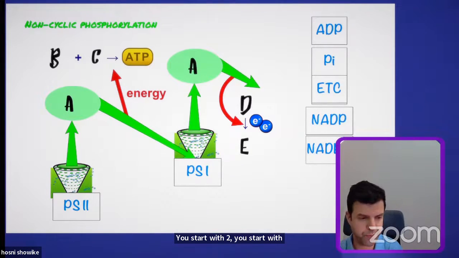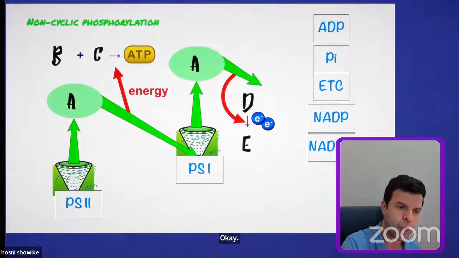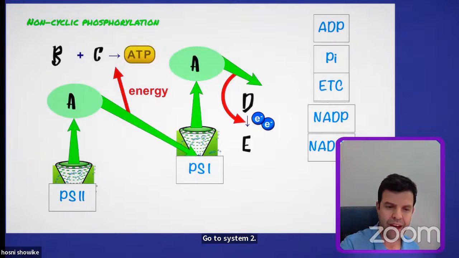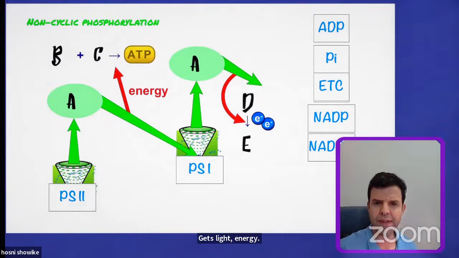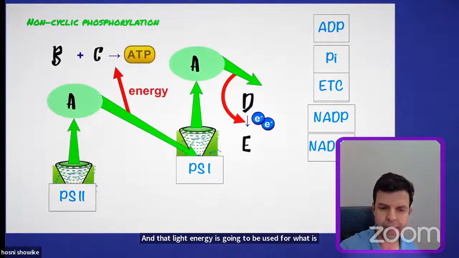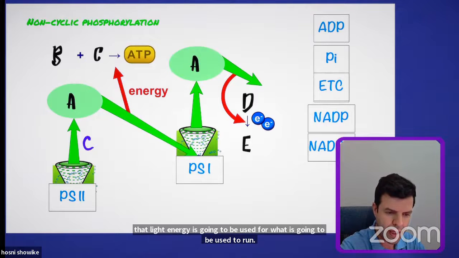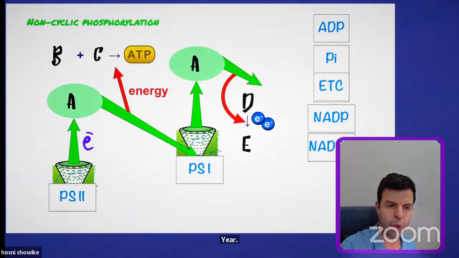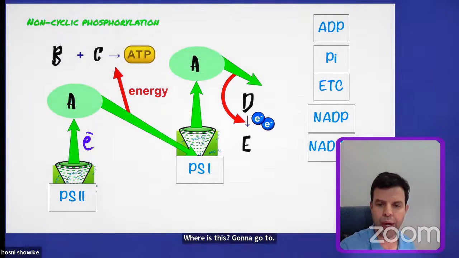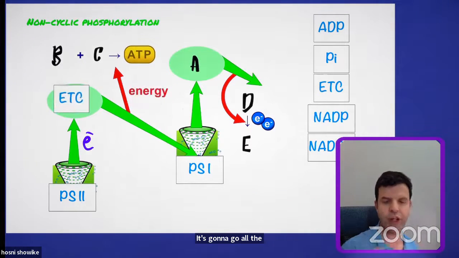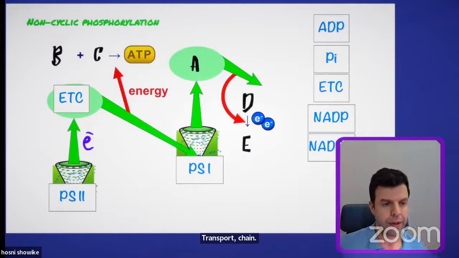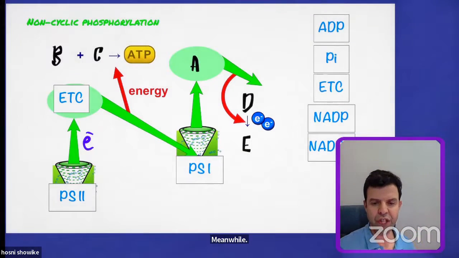That's where it all starts. Okay? So photosystem 2 gets light energy, and that light energy is going to be used for what? It's going to be used to run electrons here. Where is this going to go to? It's going to go all the way to an electron transport chain. Meanwhile, that energy is going to be used for what?